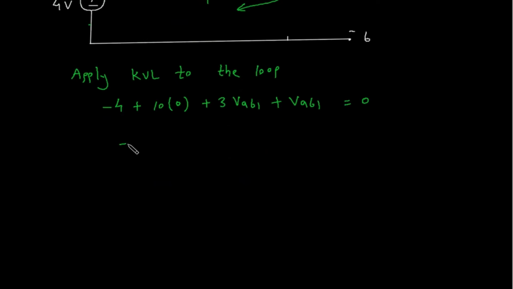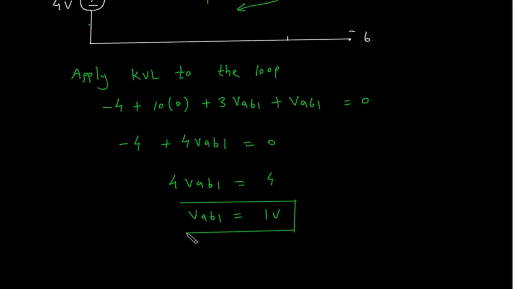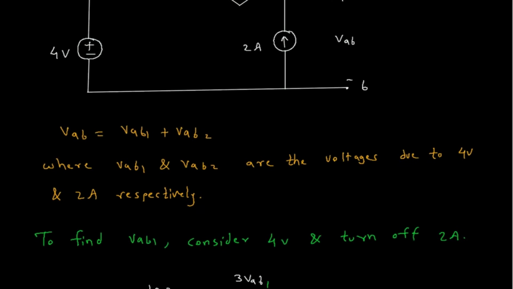Now this will be minus 4, plus 4 VAB1 is equal to 0. So 4 VAB1 is equal to 4. Therefore, VAB1 is equal to 4 by 4, which is 1 volt. Next we have to find VAB2.